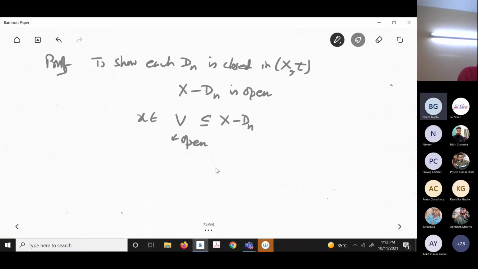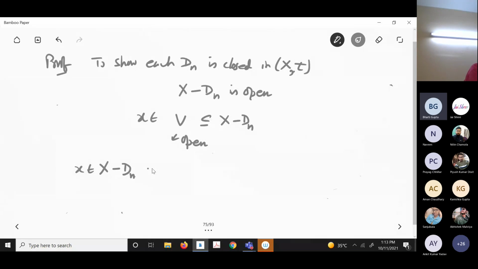So that is the idea. Now it follows from the definition. Let x belong to X minus D_n. What is D_n? D_n is omega F(x) greater than or equal to 1/n.